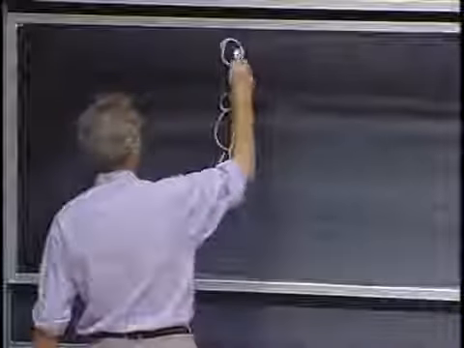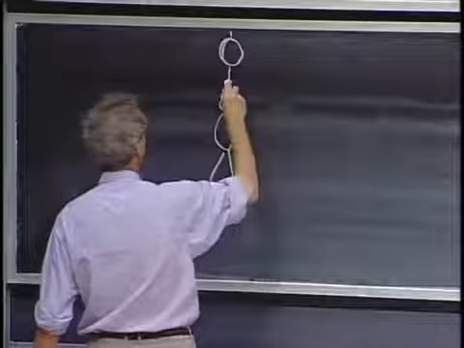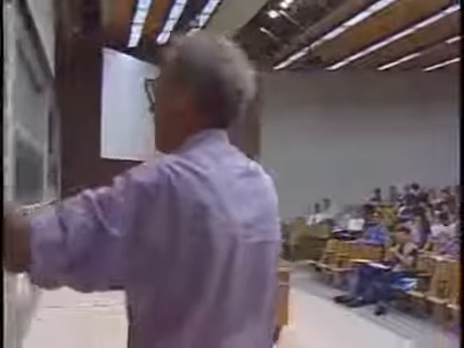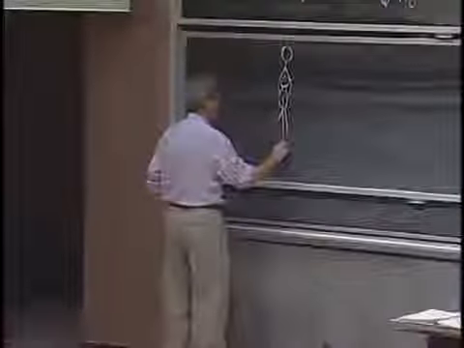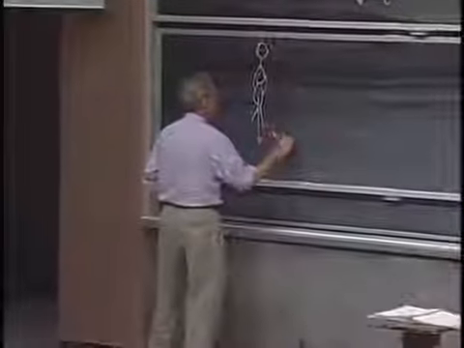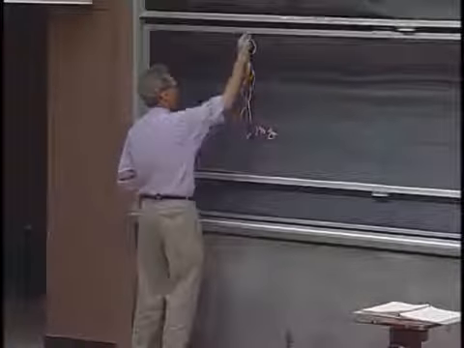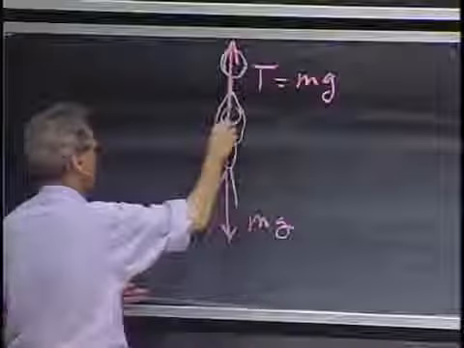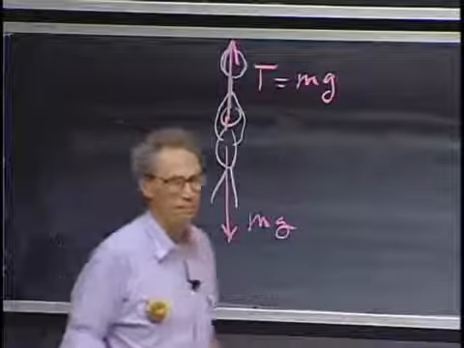You might even have in the string a tension meter, as we have seen earlier in lectures, and you're holding desperately onto that string. Just like that. The system is not being accelerated. Gravity is mg, and so there must be a tension T in this string, which is pulling you up, which, if there is no acceleration, must be mg.